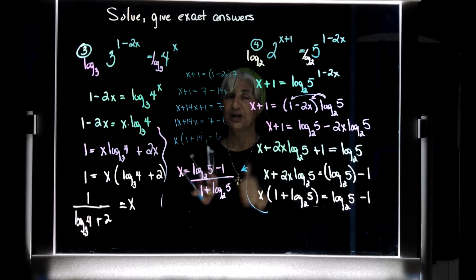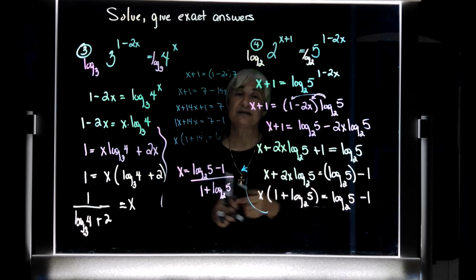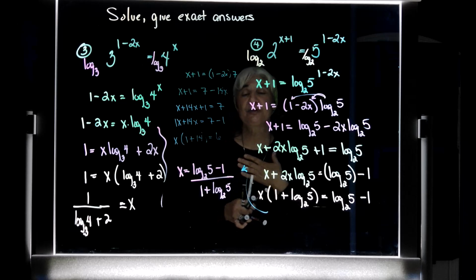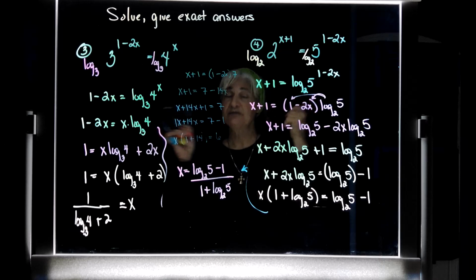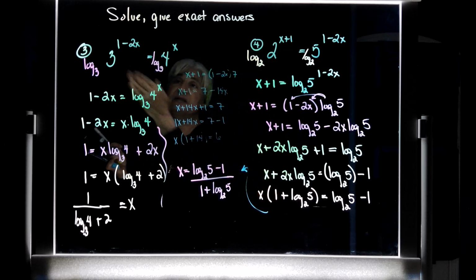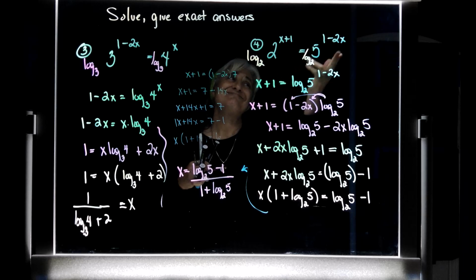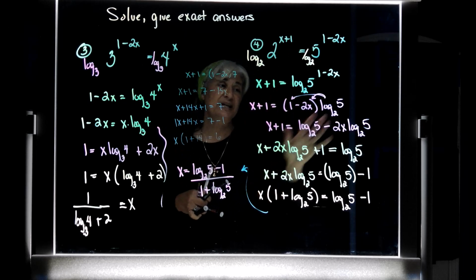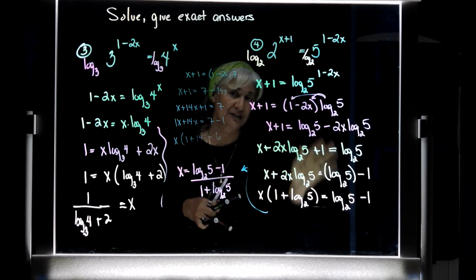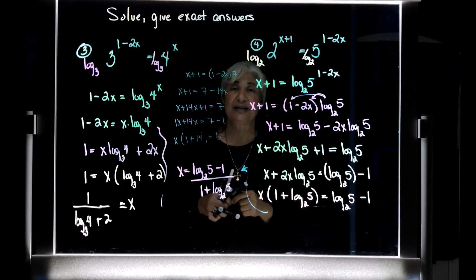Good? So to recap on both of these problems, you have to choose a base. I like to choose the base that has the more terms in the exponent. This one was obvious, I chose base 3. This one, not so obvious, so take your pick. The point is understanding your algebraic solving techniques to get the x by itself.